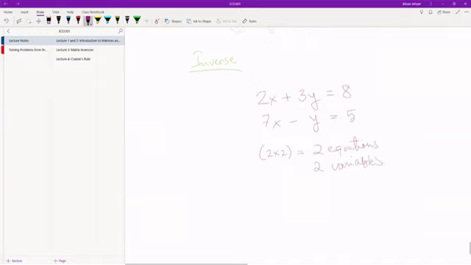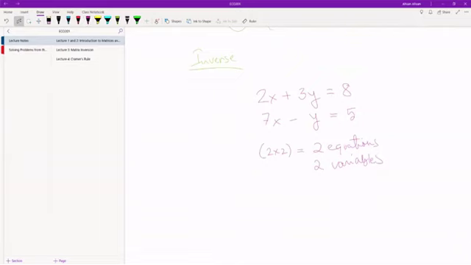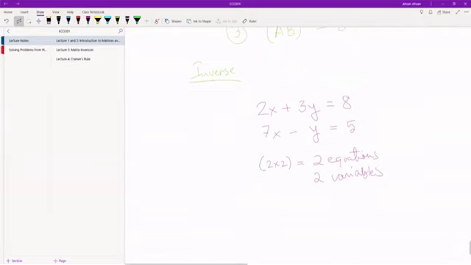And what we have already talked about is that for a system of equations to be solvable, we need the number of equations to be equal to or greater than the number of variables. Now, solving a 2 by 2 system of equations is very easy. Solving a 3 by 3 system is also easy.